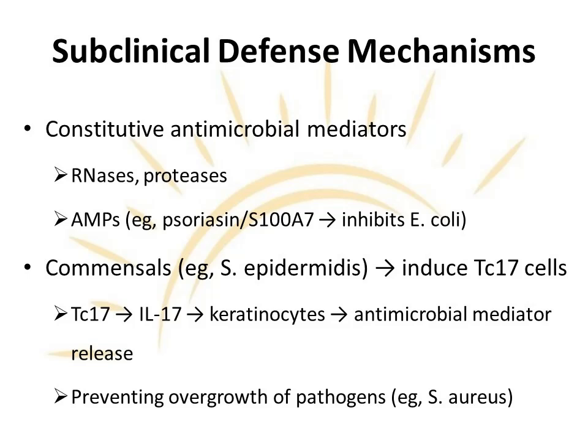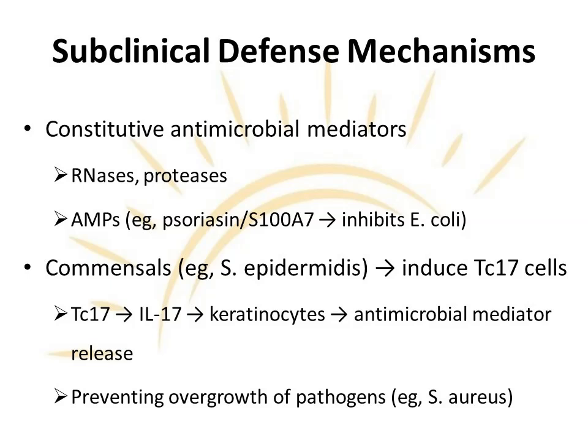Subclinical defense mechanisms. The skin employs constitutive antimicrobial mediators as a first line of defense against microbes. These include enzymes like RNases and proteases, which degrade microbial components. Antimicrobial peptides (AMPs), such as psoriasin S100A7, directly inhibit pathogens. For example, psoriasin is effective against E. coli.